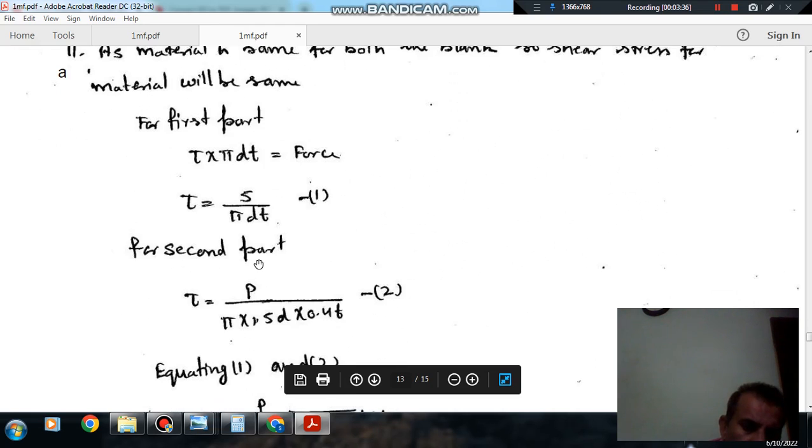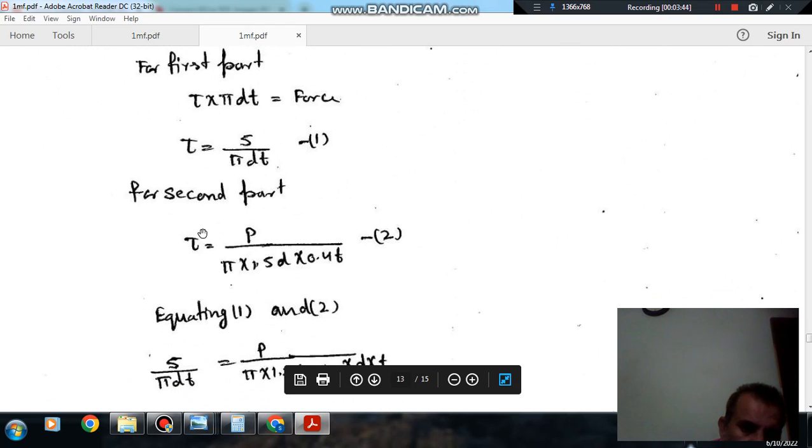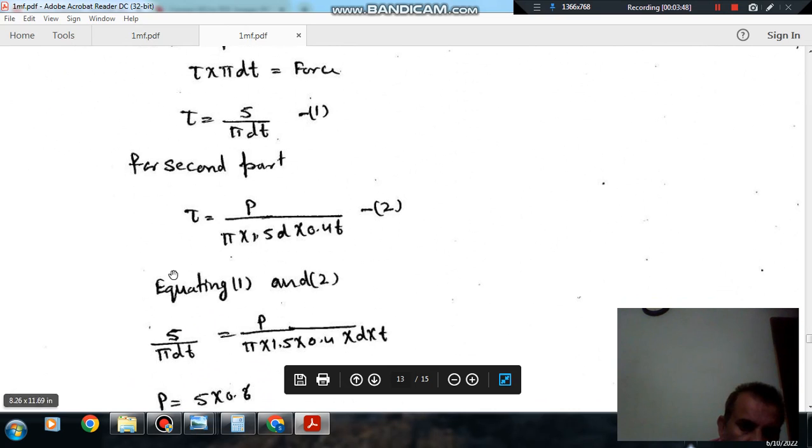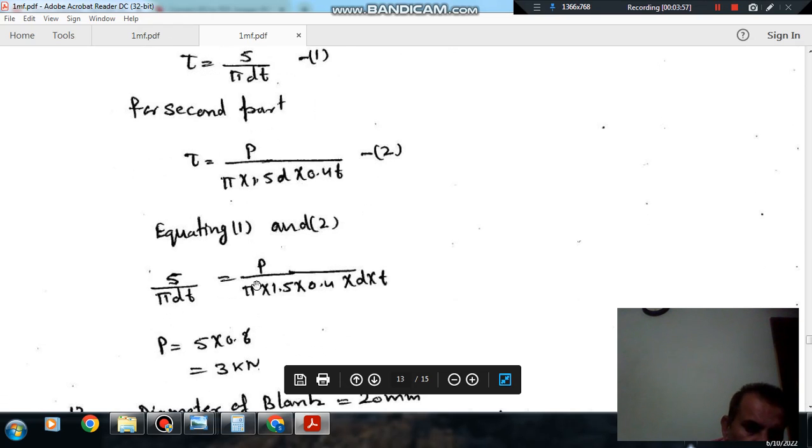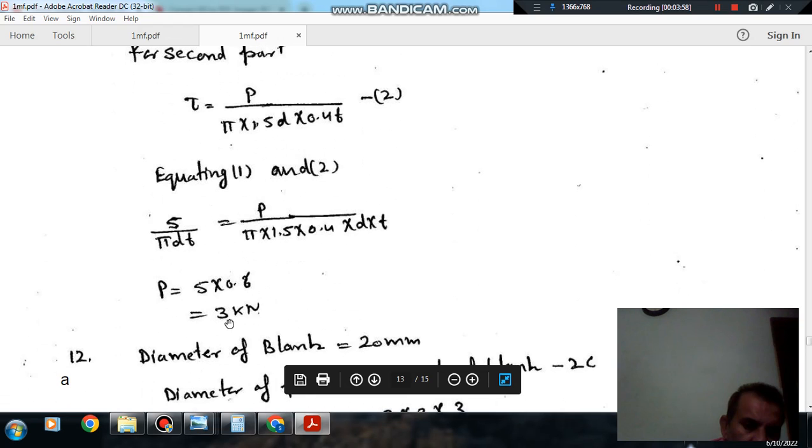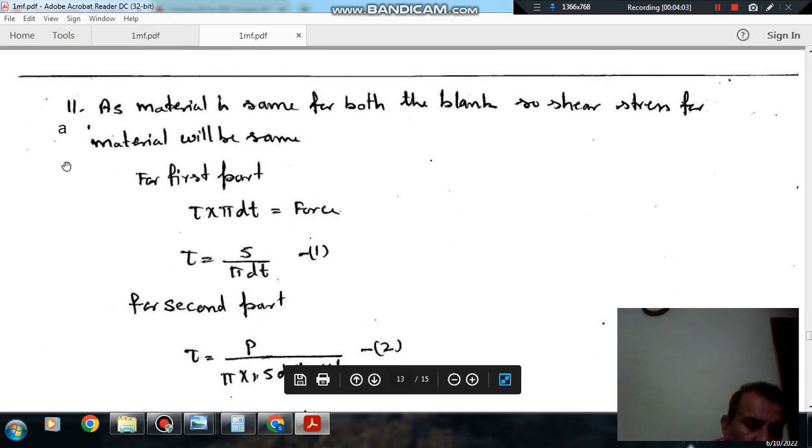For the second part, let P be the force, diameter is now 1.5 D and thickness is 0.4 T. So from 1 and 2 we have 5 by pi d t equals P by pi into 1.5 into 0.4 d t. So d t will cancel out, pi will cancel out, so P will be 3 kilonewton. So answer is option A.